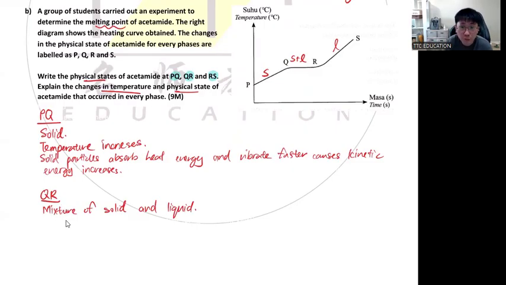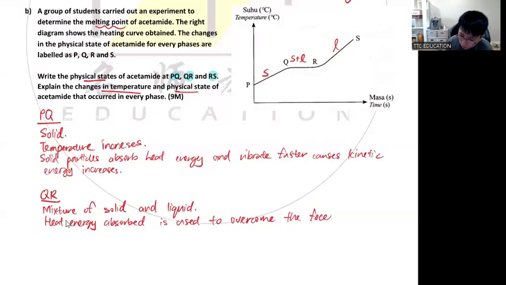Then you just start to use the keywords we just learned in the heating curve. Heat energy absorbed is used to overcome the forces of attraction between particles to turn from solid to liquid.